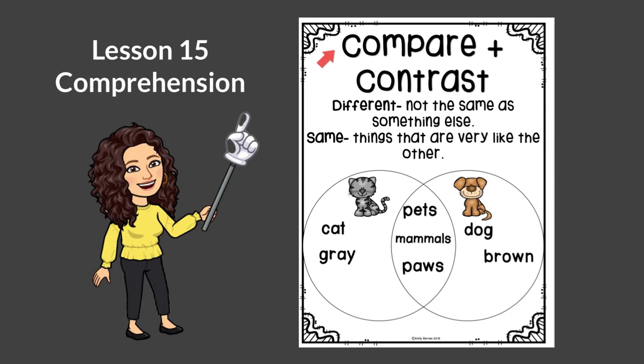Try those words: compare, contrast. That means thinking about how something is different and the same. If something is different, they are not the same as something else. If two things are the same, they are very like the other.